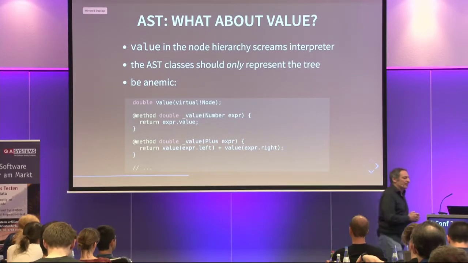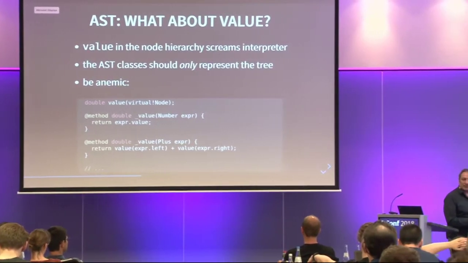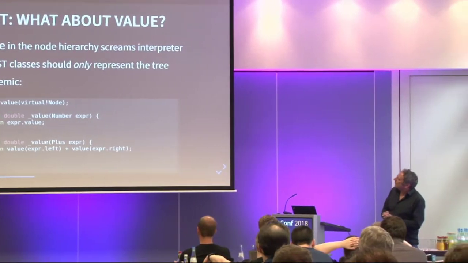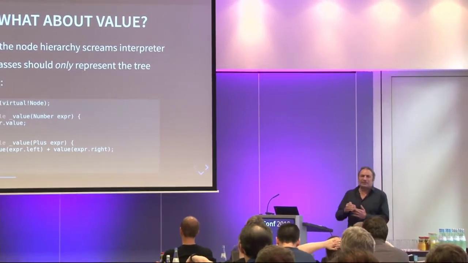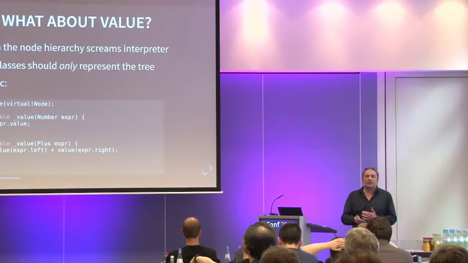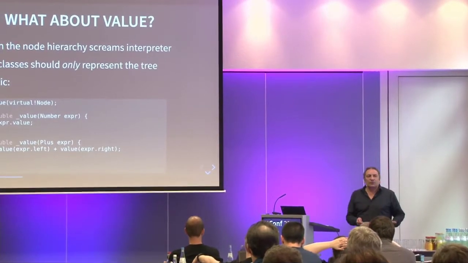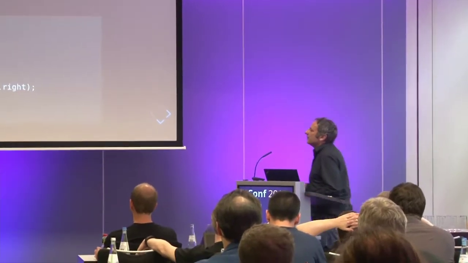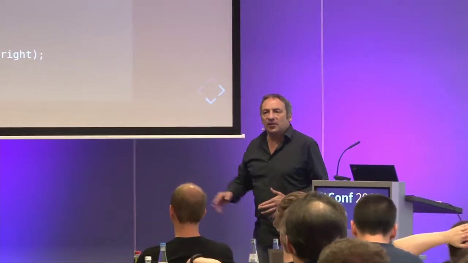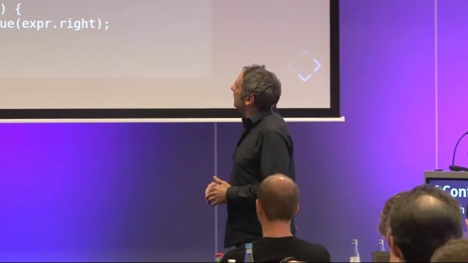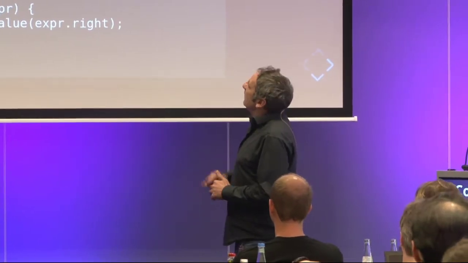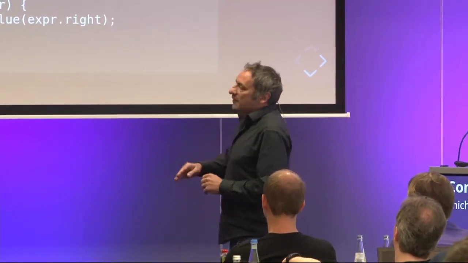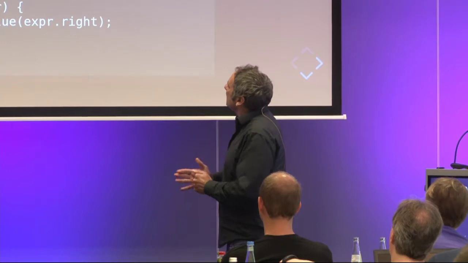I mean, is it really the node's business to calculate its values? That sort of screams that it's an AST, which is going to be used in an interpreter. But what if I want to use it in both an interpreter and a compiler? In that case, the value functions will be of no use to the compiler. So I surmise that we should be anemic, like Louis likes to say, and move the value function out of the node hierarchy.